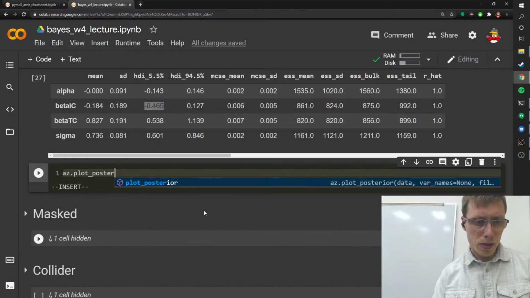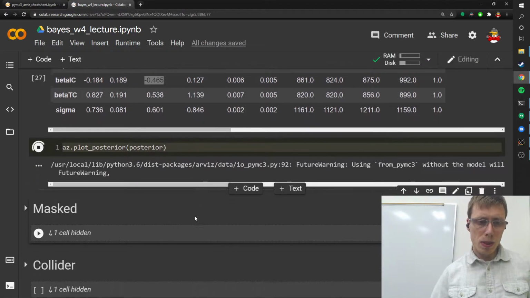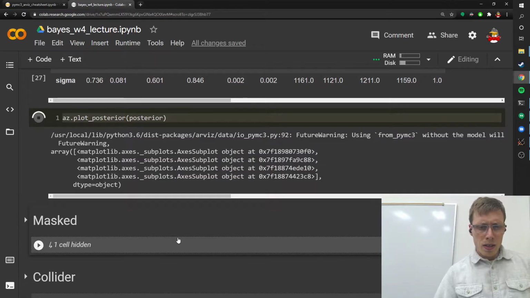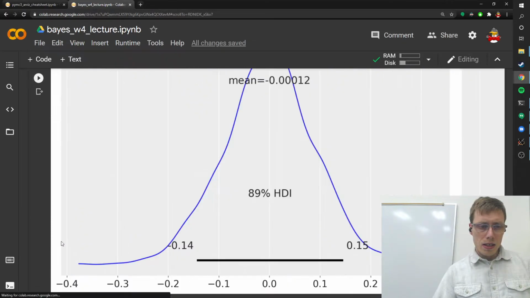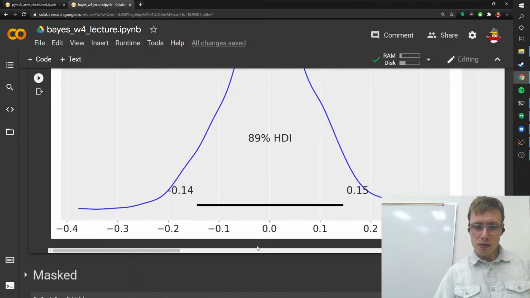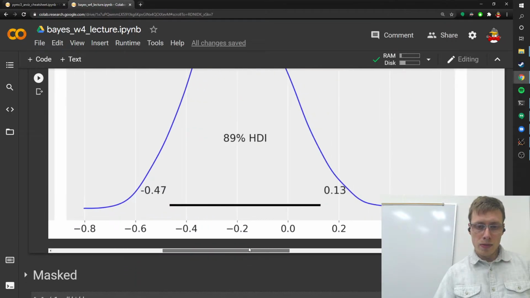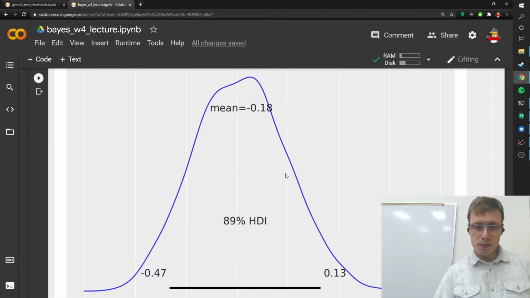rvis.plot_posterior. We can pass in the posterior, and it'll make nice little plots for us here. That'll highlight the mean and the HDI. So here it is for the alpha. This is where we think alpha is. It's pretty much right there on 0. There is beta IC. Once again, here's 0.